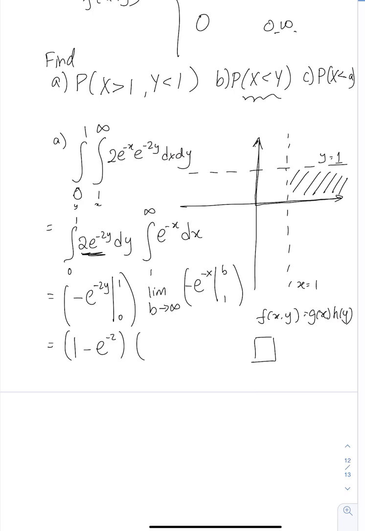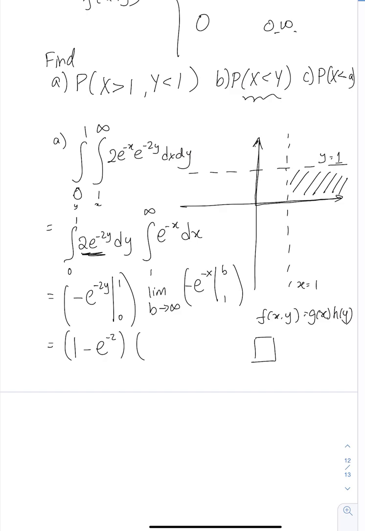And you plug in 1, you plug in b, take a limit as b goes to infinity, and that will be 0. No, actually, sorry, it's not 0. I just evaluated the limit from 0 to infinity instead of 1 to infinity.